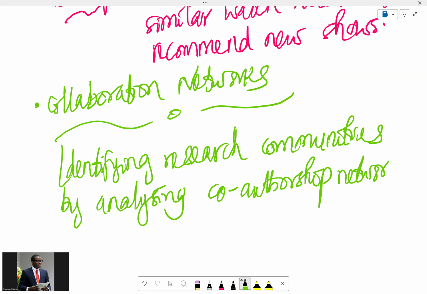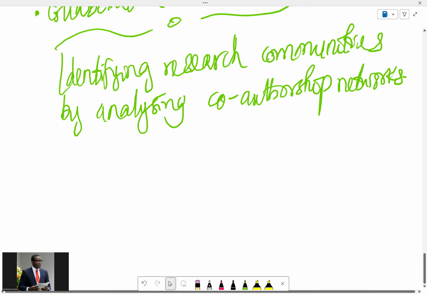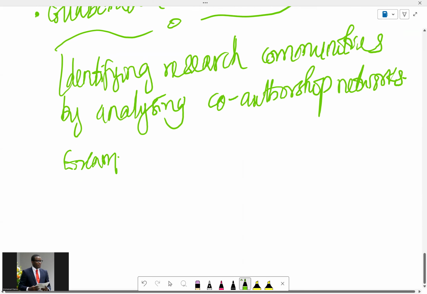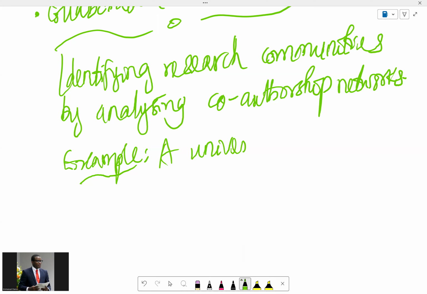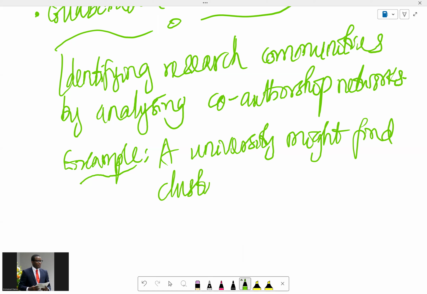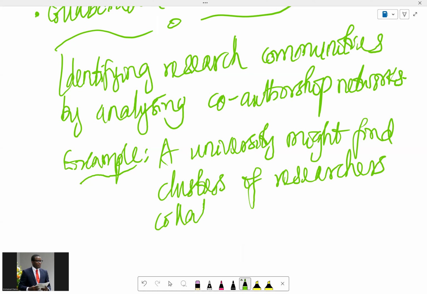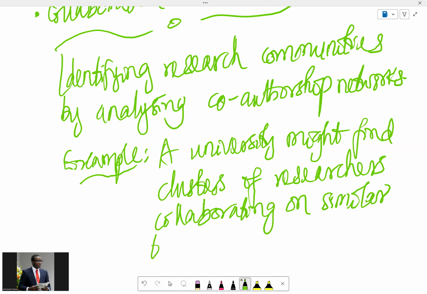A very good example could be that a university might find clusters of researchers collaborating on similar topics for funding allocation.